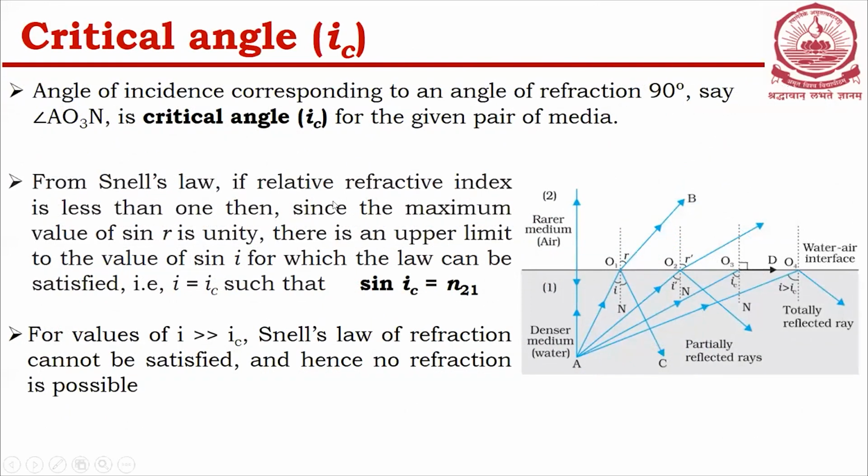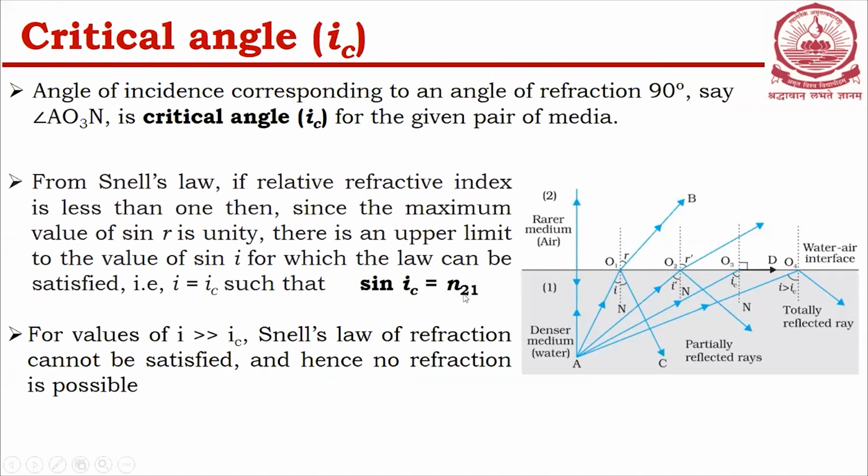You can even explain this total internal reflection by Snell's law of refraction. From Snell's law, if the relative refractive index is less than 1, then sin IC should be equal to n21.